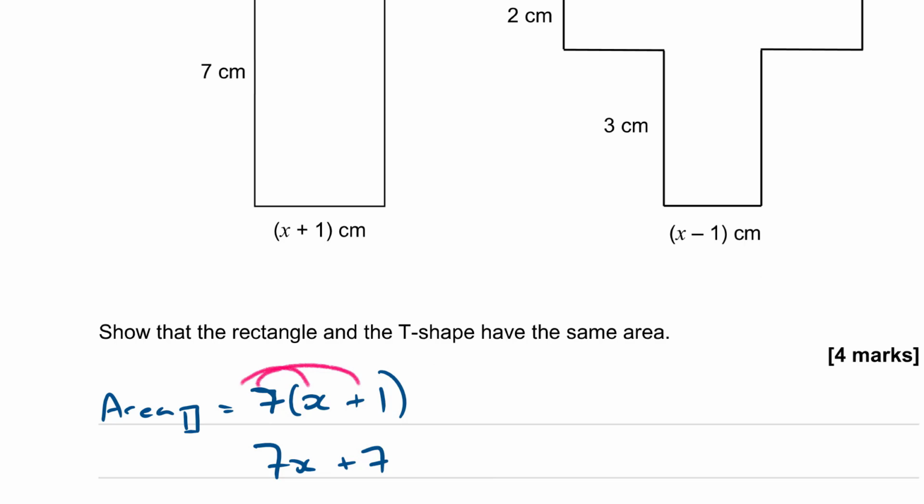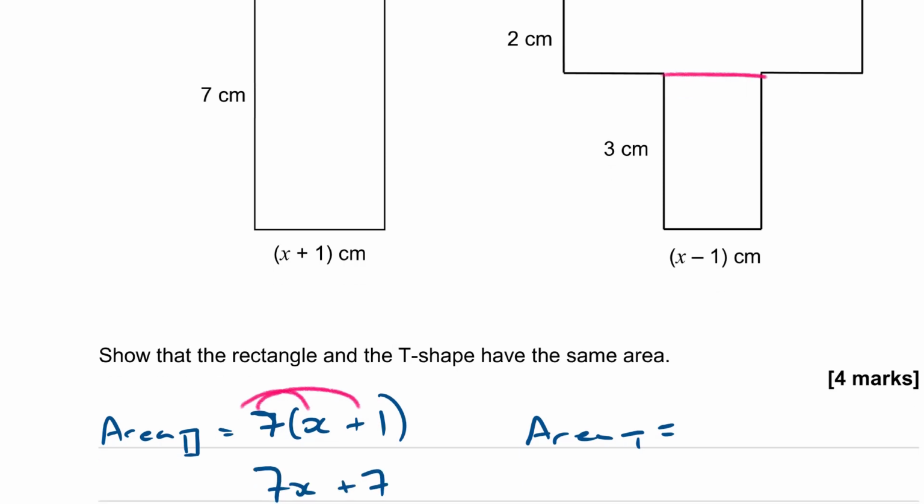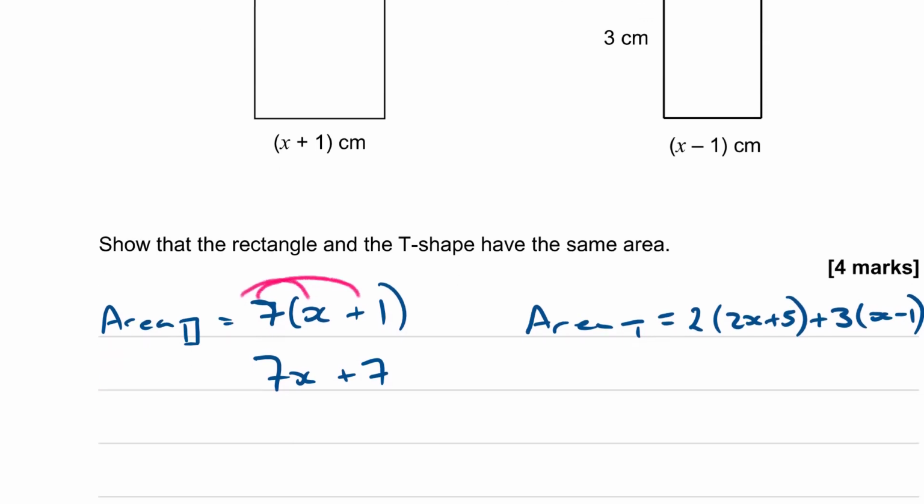And on the other side, the area of my T-shape is, let's divide it into two rectangles like this. So then I can work out the total area by working out the two rectangles separately. So 2 lots of 2x plus 5, which is the top part of the T, plus 3 lots of x minus 1, which is the bottom part of the T. So I've got two single brackets that I need to multiply out here, and then I can collect the like terms together.